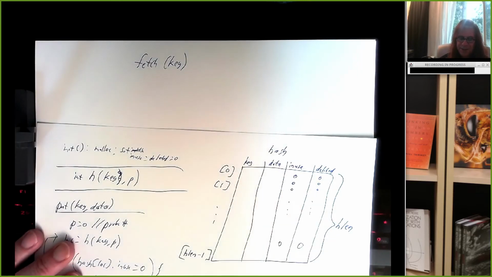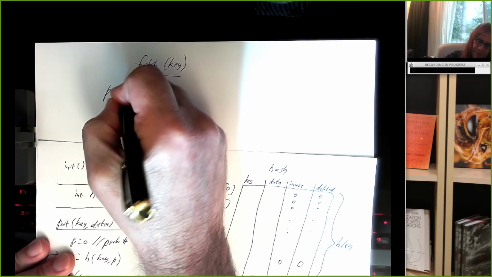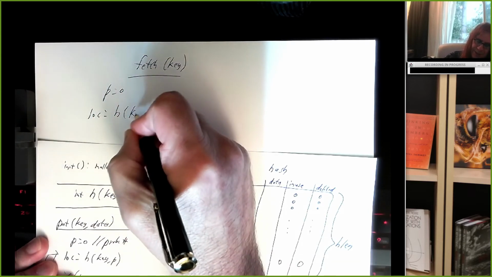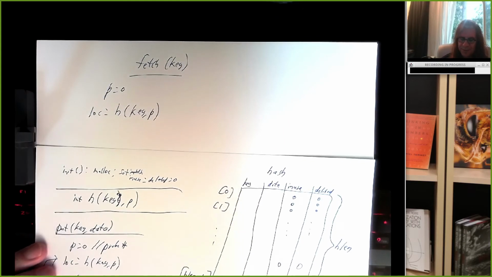Alright, so how do we fetch a key? Set your probe number to 0, hash your key with that probe number. That tells you where your data might be stored.